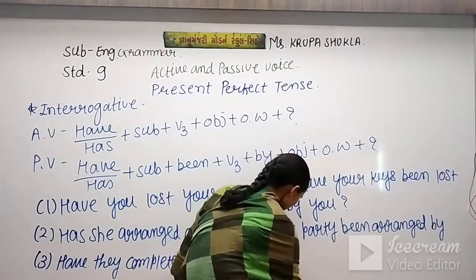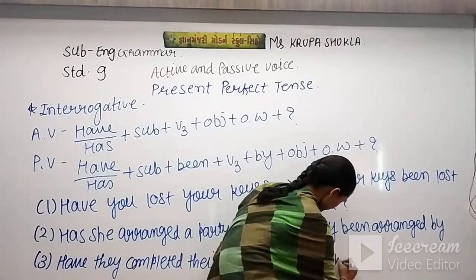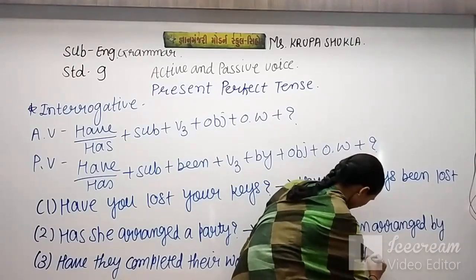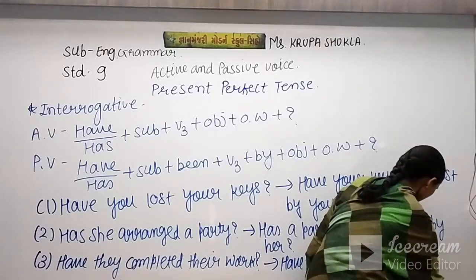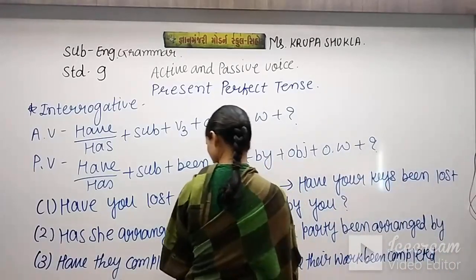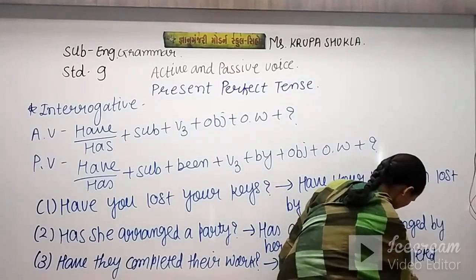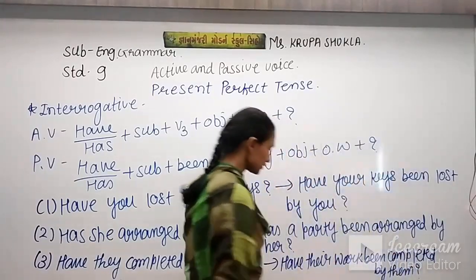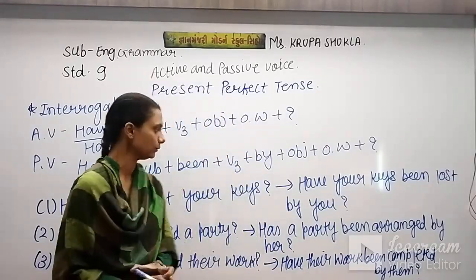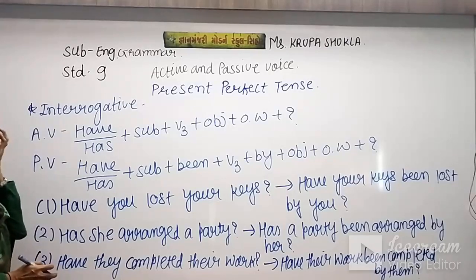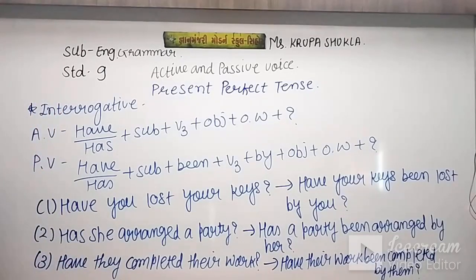Okay, so the answer is: have their work been completed by them? So these are the 3 interrogative sentences in passive voice of present perfect tense. Please note this down, students.